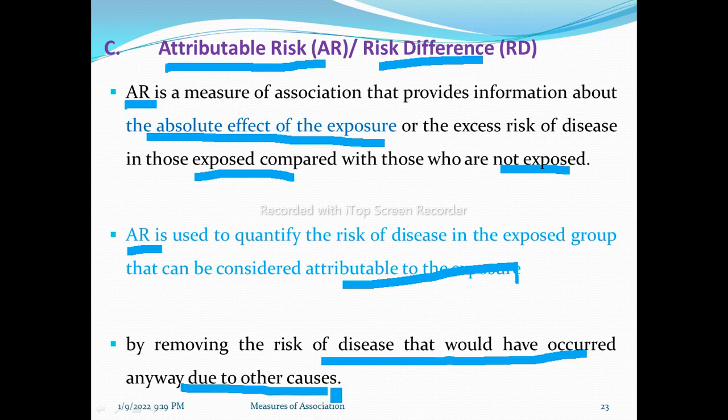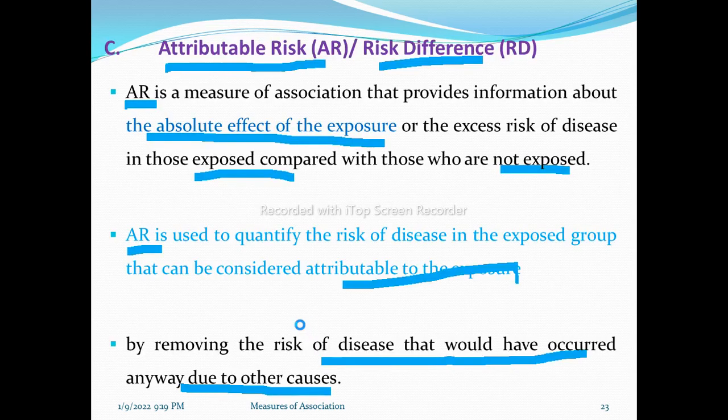That means it will estimate the risk of disease in the exposed group due to that exposure. If it is smoking, due to smoking, but it will not consider risk factors or exposures other than that one risk factor. So this is an important estimate.